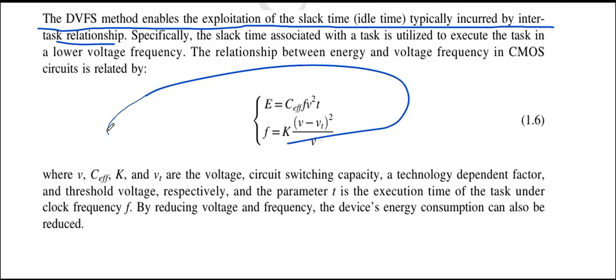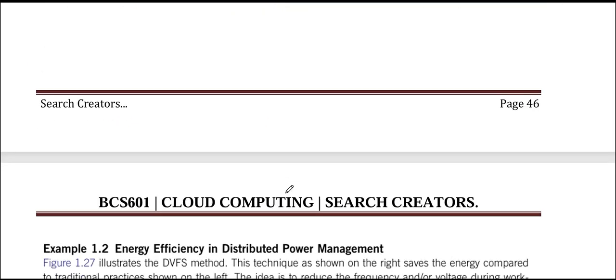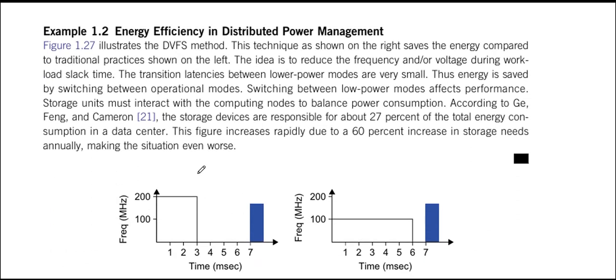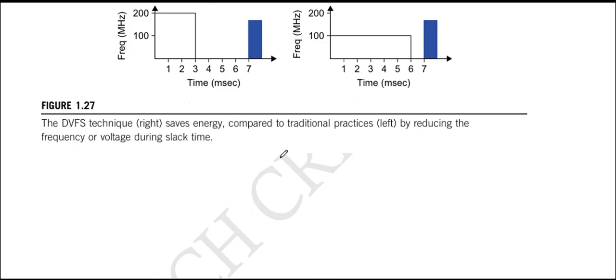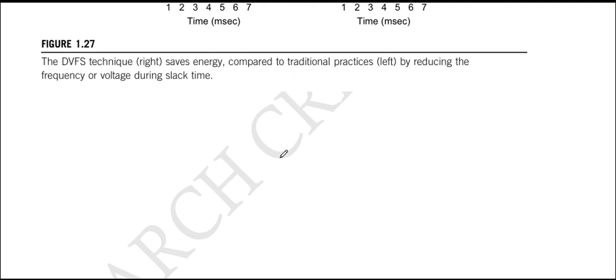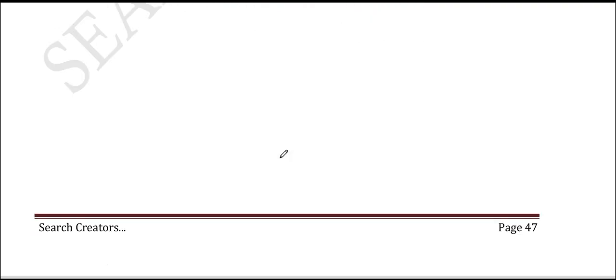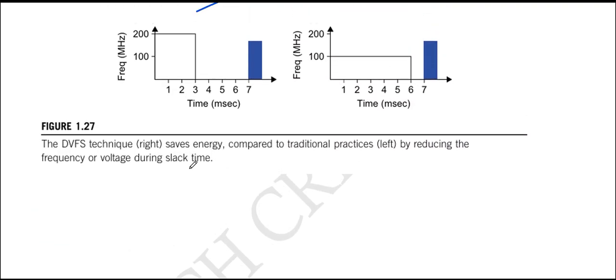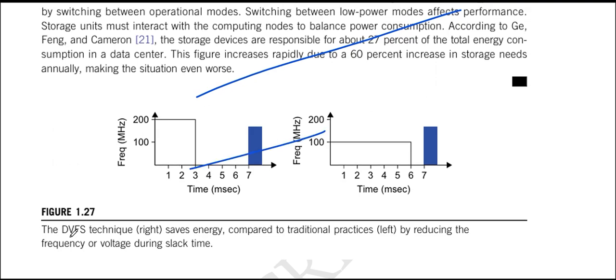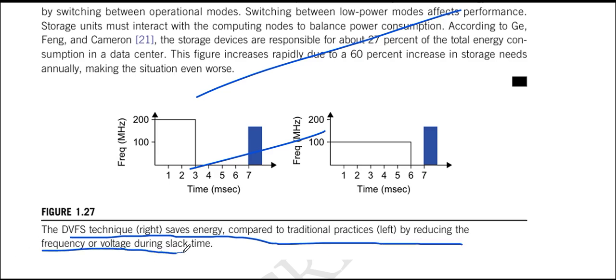These are some equations in DVFS, and here is an example of how DVFS works. This figure shows the DVFS technique saves energy compared to traditional practices by reducing the frequency and voltage during slack time.